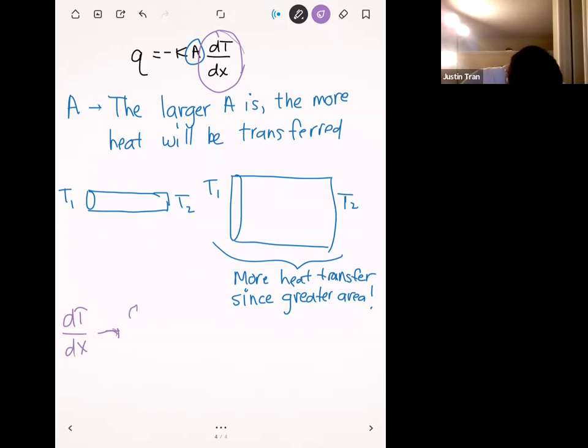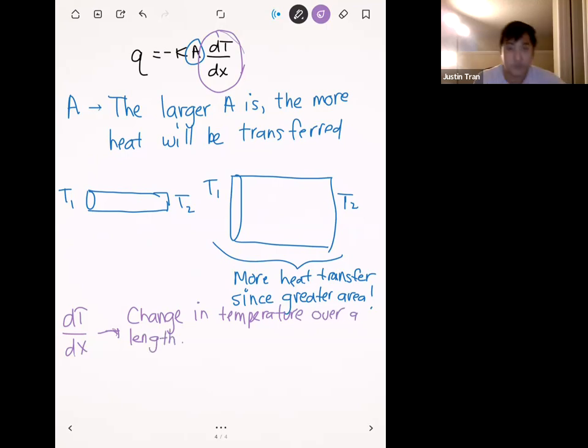There are two ways that we can increase or decrease this value.